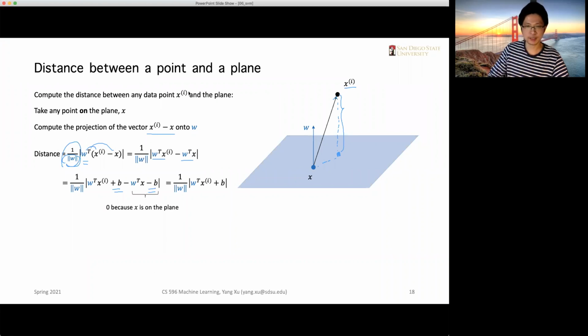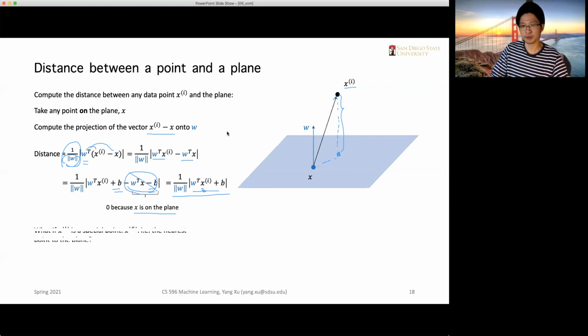And then because x is a point on the plane, this whole term is gone, right? Any points on the plane must equal 0. So what's left is just the linear expression of xi divided by the norm of W.